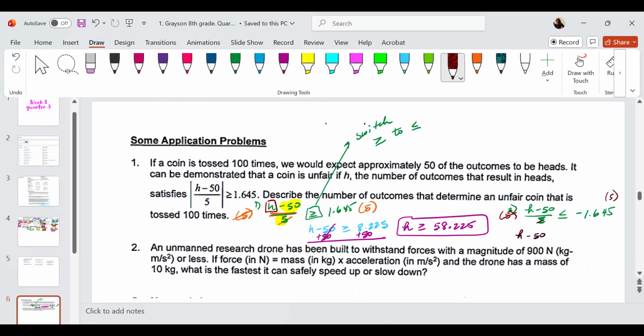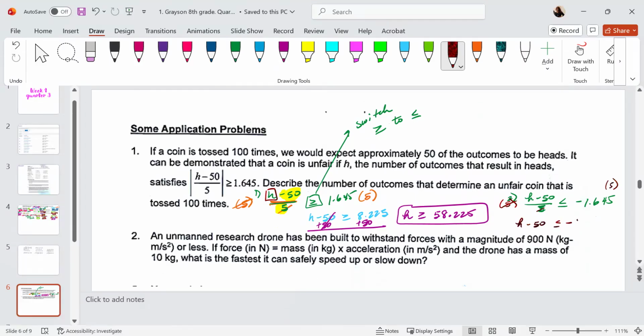So that's just going to be a negative 8 point, the same thing as this one here, correct? And then you're going to add the 50, correct? Grab your calculator. What's your answer?